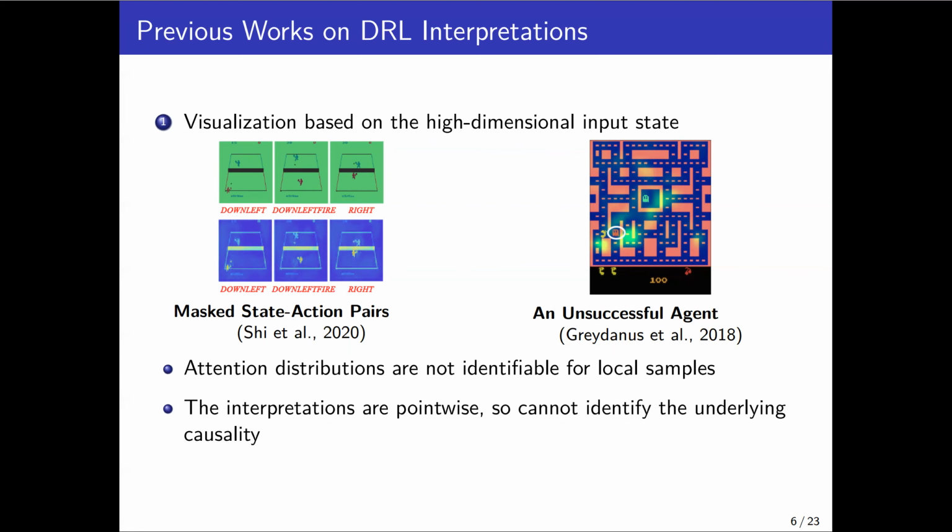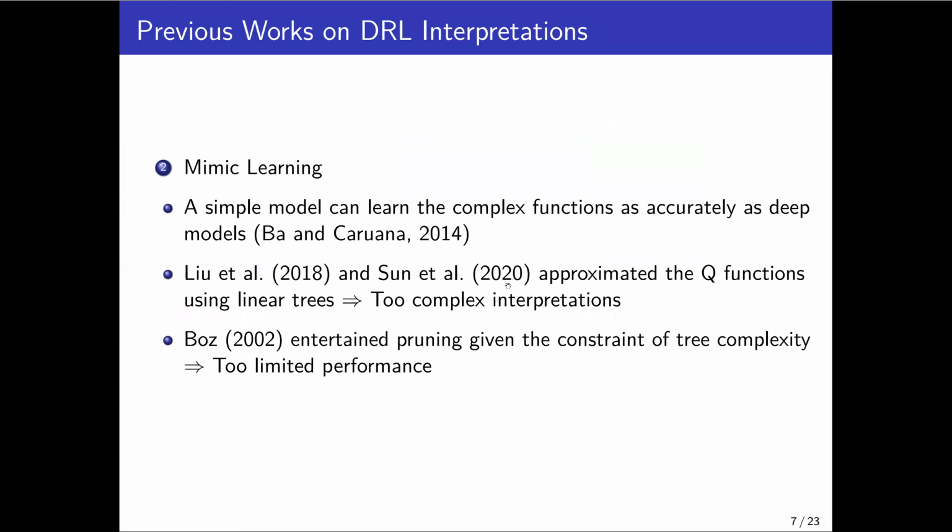So in this case, the interpretation through this saliency map even helps us debug the code as well. Nonetheless, as mentioned in the introduction, the identifiability of attention distributions is not ensured for different local samples, and the visualized interpretations are pointwise on each individual pixel and cannot deliver the underlying causal relations.